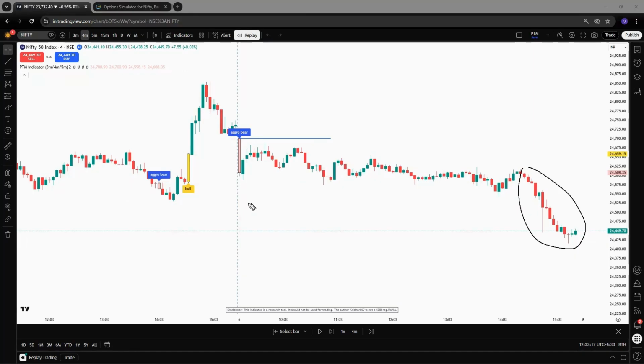So in the first case, if you had used the 1,500 points SL, the market took your SL for the day. You are 1,500 points down. But if you use the other approach, your M2M fluctuated to minus 3,000 also.